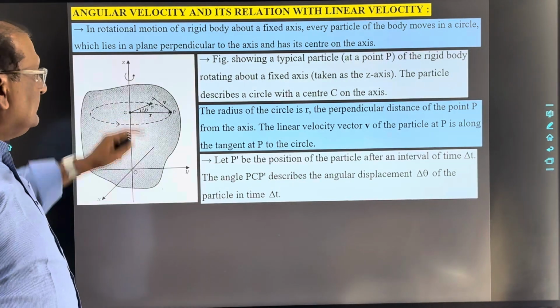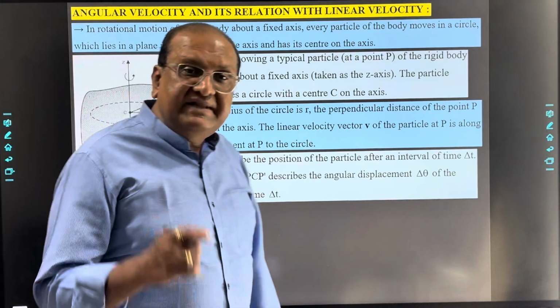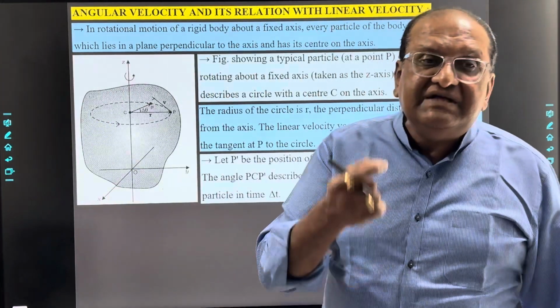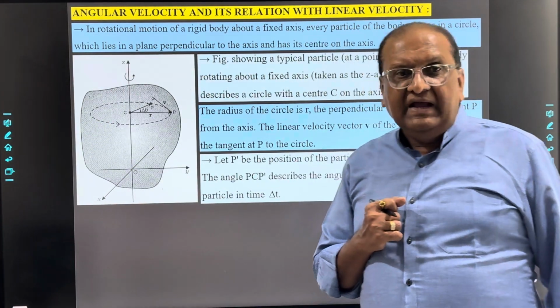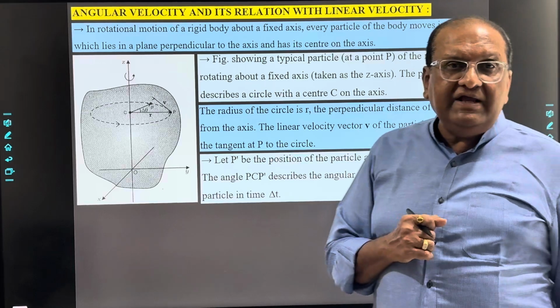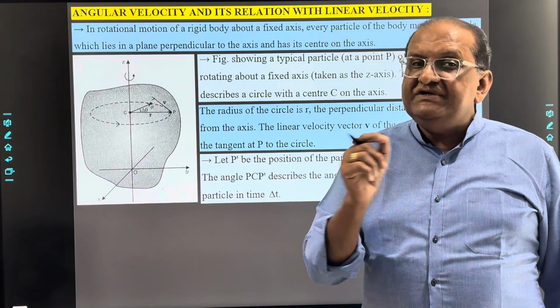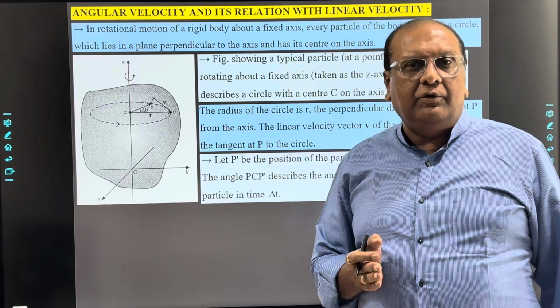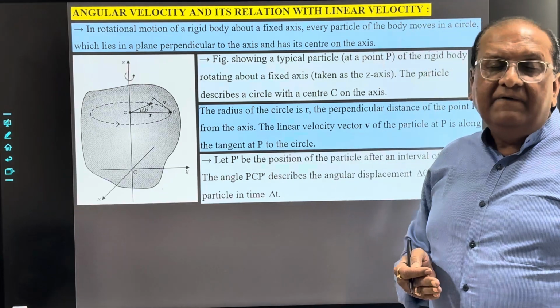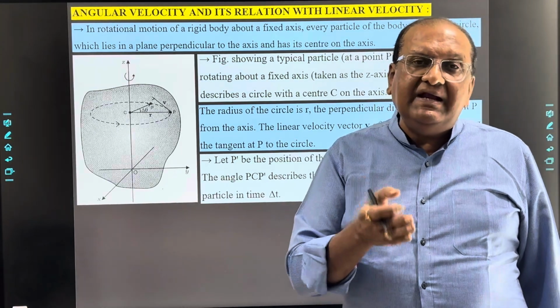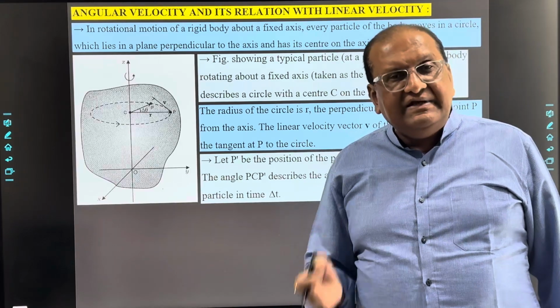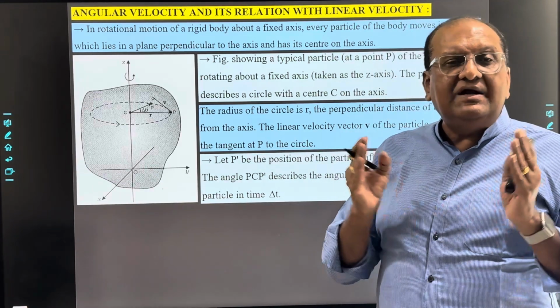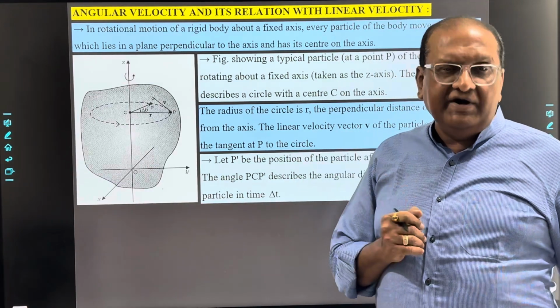So this delta theta is called the angular displacement of the particle. And this one is a rigid body, so relative positions of the constituent particles never change. Therefore, whatever is the angular displacement of any particle is the angular displacement of the entire body.